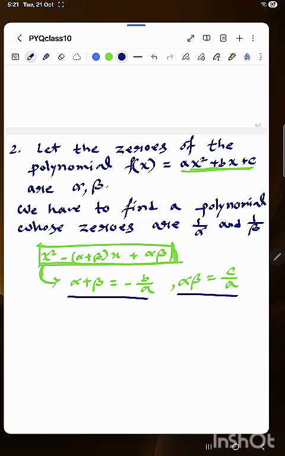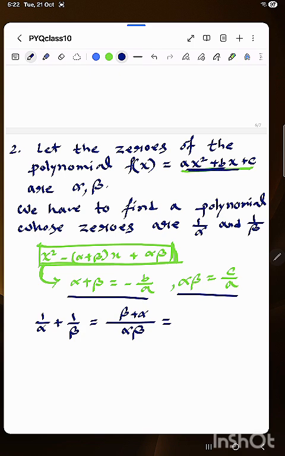Now if I find a polynomial whose roots are 1 by alpha and 1 by beta, so in that case what is the root sum I can define? 1 by alpha plus 1 by beta. So I can simplify it as (alpha plus beta) by alpha beta, right? So what is the alpha plus beta value?